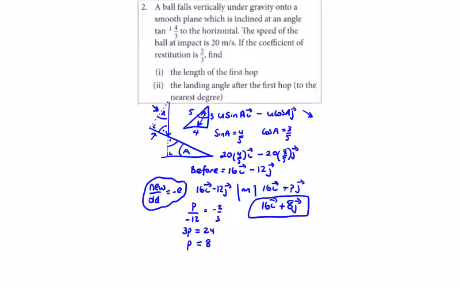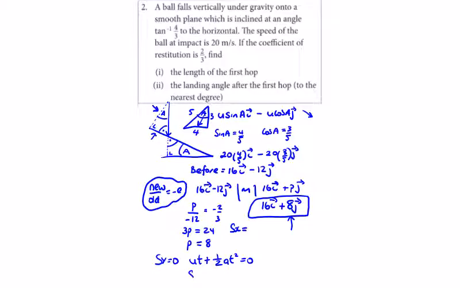So finding the length of the first hop, we need s of x. S of x is equal to the distance traveled in the x direction, but we need time within there, so we're going to need the time when s of y is equal to 0. So when is s of y equal to 0? When is ut plus a half at squared equal to 0?